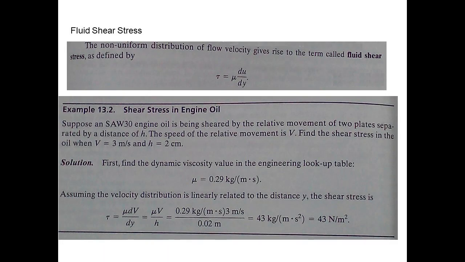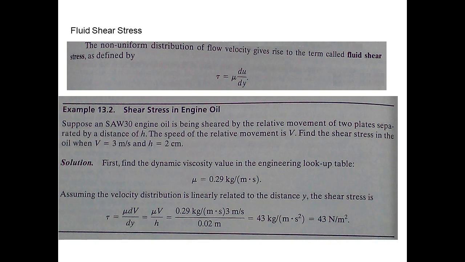For slide 22, this is for how to calculate the fluid shear stress. The non-uniform distribution of flow velocity gives rise to the fluid shear stress, which is defined by tau. Tau equals to eta times du divided by dy. That's an example of a calculation.